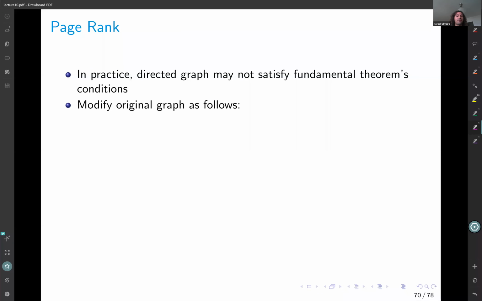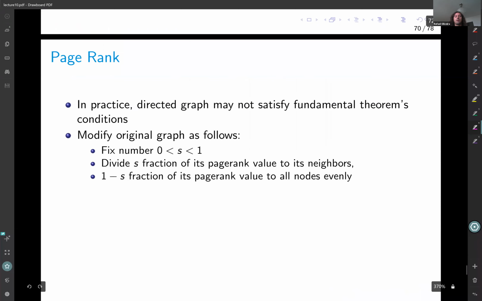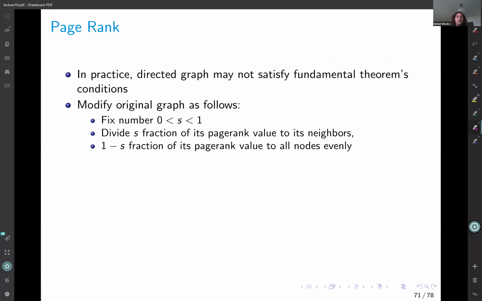So we modify the original graph as follows. We fix a number S between 0 and 1. We divide an S fraction of its PageRank value among its neighbors. So S is the share that we're giving to the neighbors. And a 1 minus S fraction of its PageRank value goes to all the other nodes evenly.